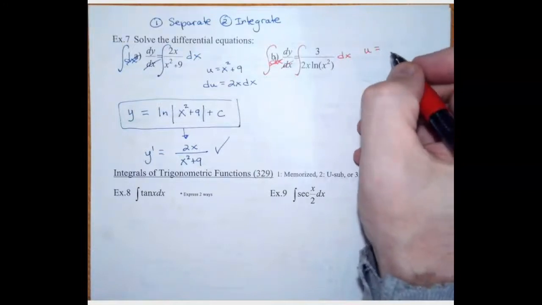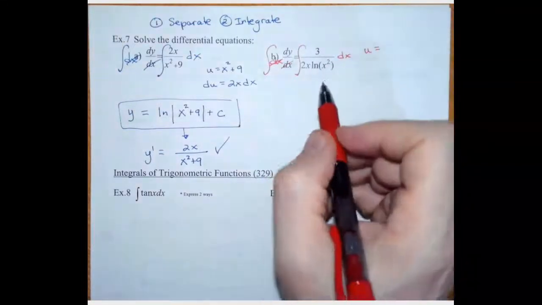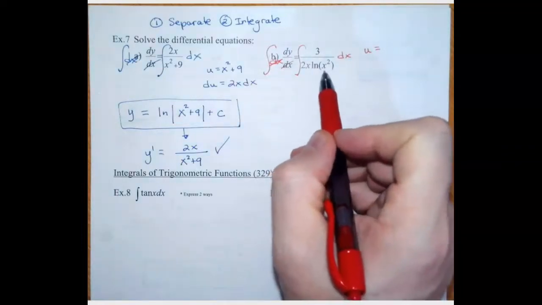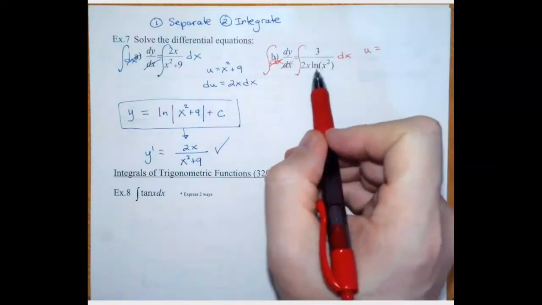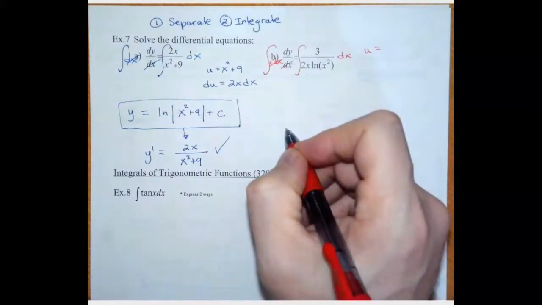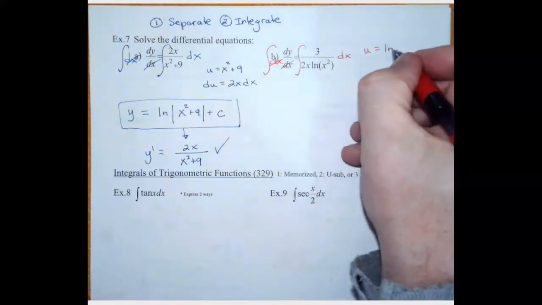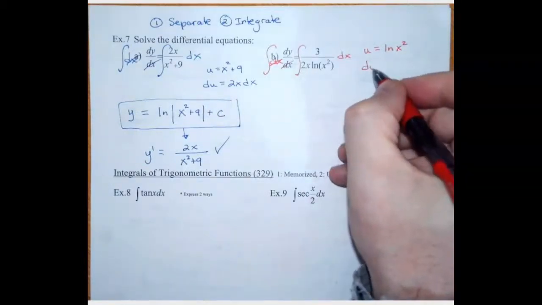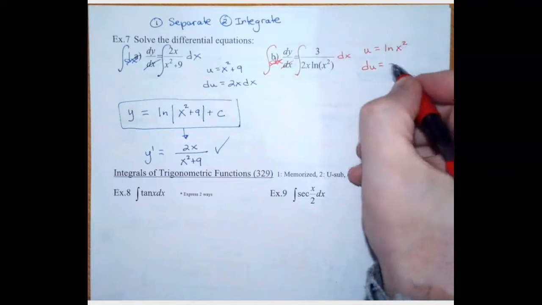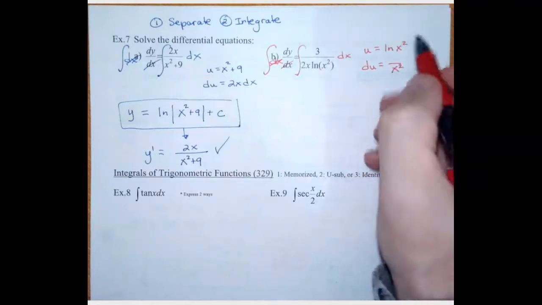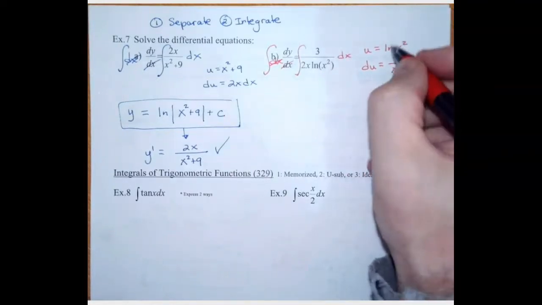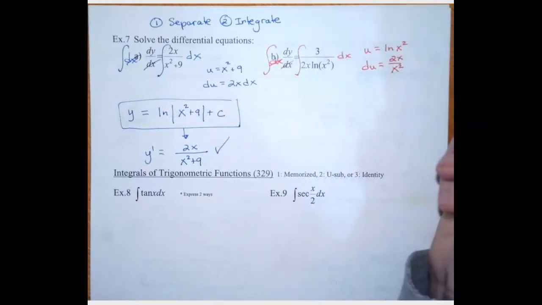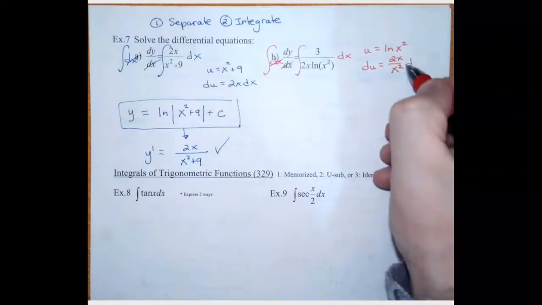So the question is, what do you want to let u be? And your first thought might be, well, let's let u just be x squared, but then you're going to have this log here, which is going to cause some problems. So let's try the log of x squared first. So the derivative of that is going to be 1 over u times du, which would be 2x dx.